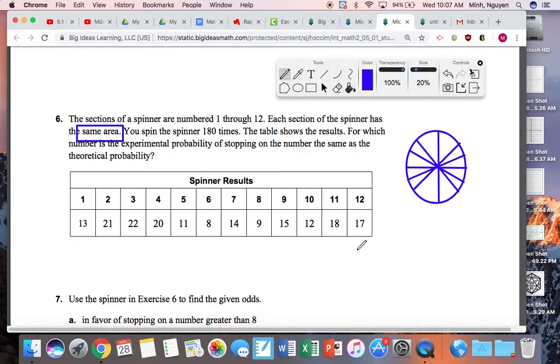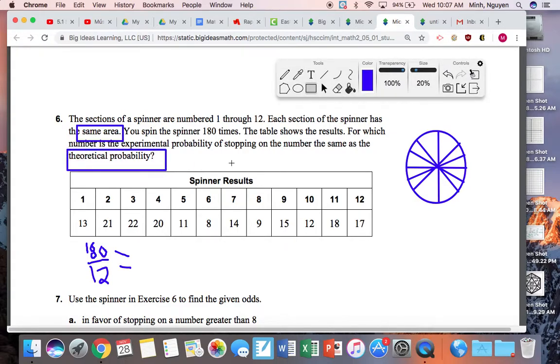So all these numbers should be, in theory, the same. And what number is that? Well, if we are going to divide them evenly, then you would take 180 spins and divide it evenly across 12 numbers. And you would get some type of number. And that is the theoretical probability.